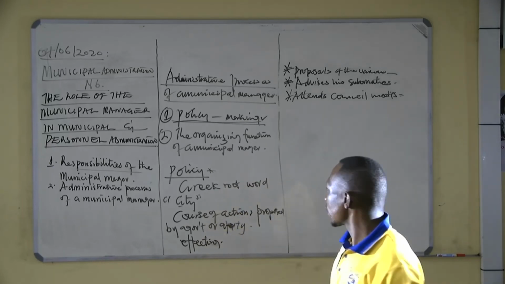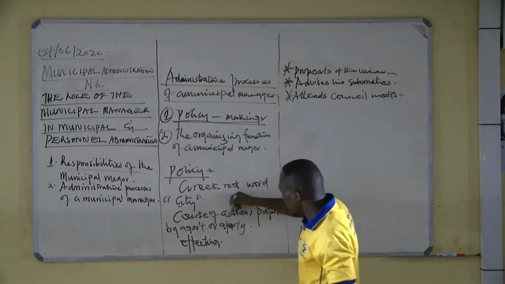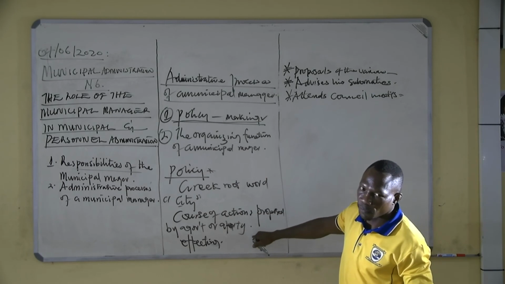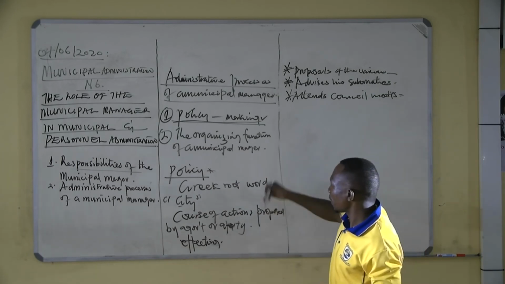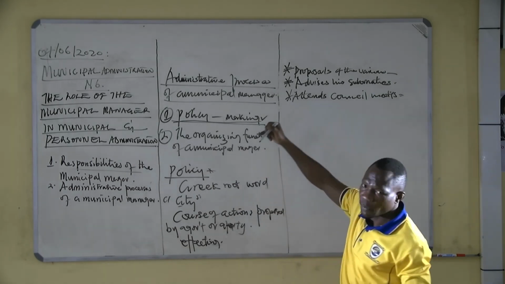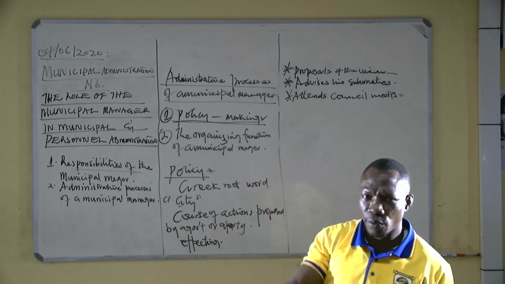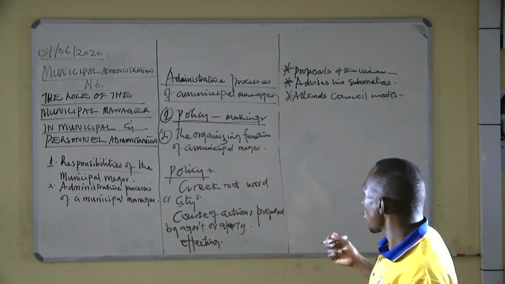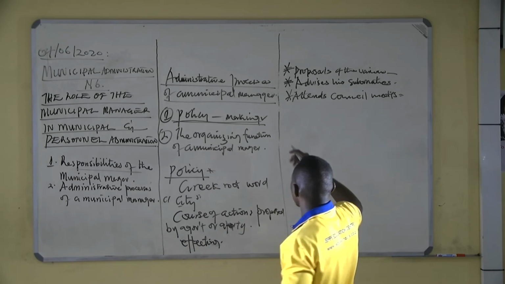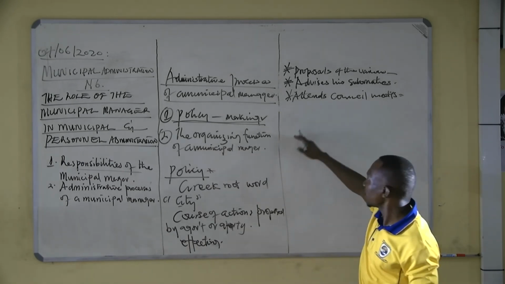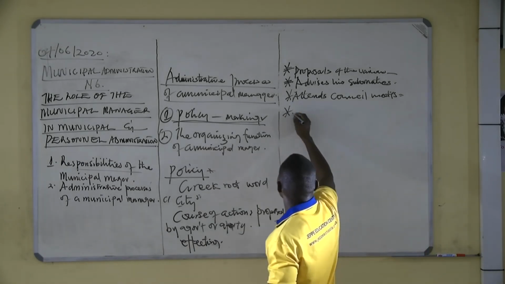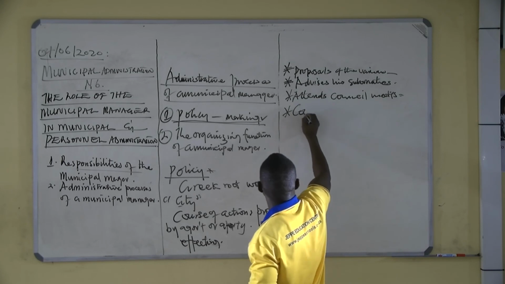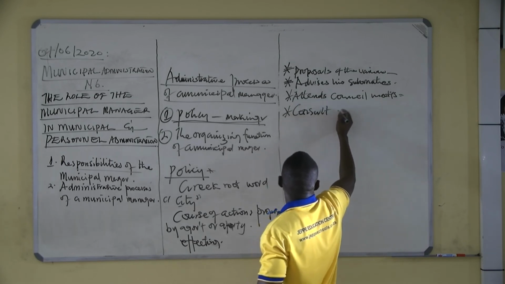Through attending these council meetings, a municipal manager gets involved in proposing the policies that have been drafted and collected from various departments. For example, from his subordinates, especially from the ward committees, from the chief officials, heads of departments, and so many other people.